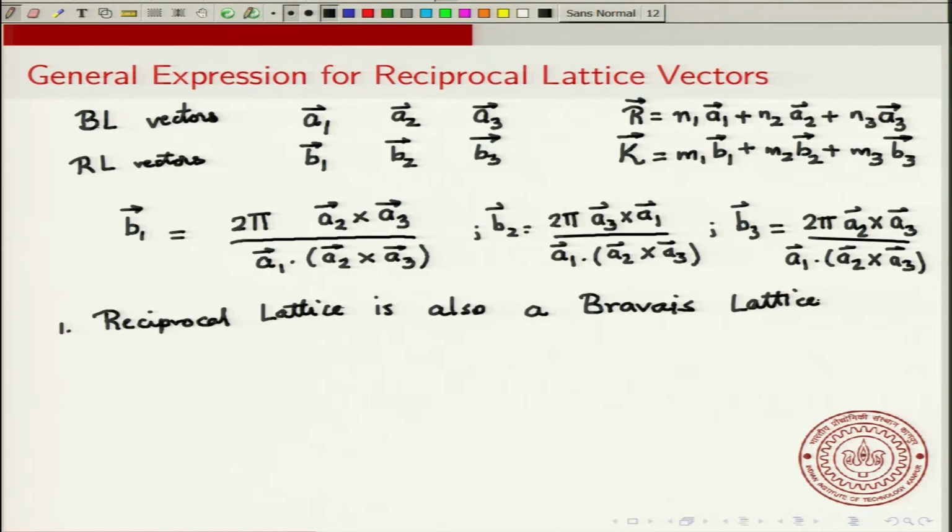It should be one of the 14 Bravais lattices.